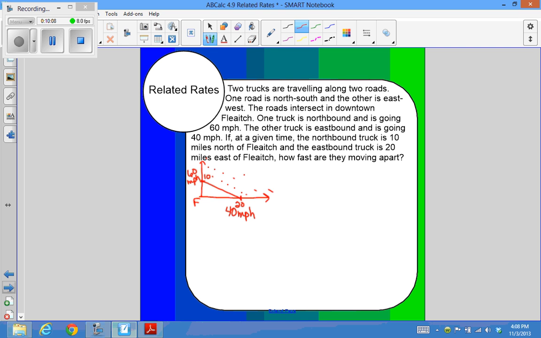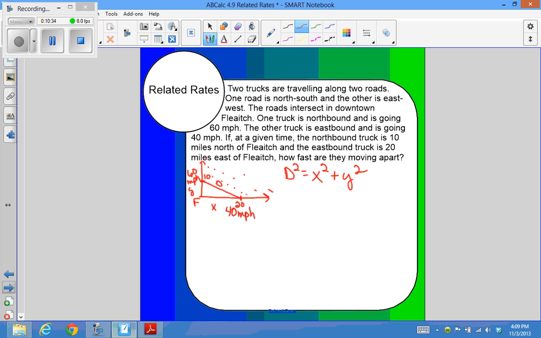This is exact. I can use the Pythagorean theorem. I am in good shape. My distance here I'm going to call x, my distance here I'm going to call y, and this right here I'm just going to call capital D. So my distance squared equals x squared plus y squared.